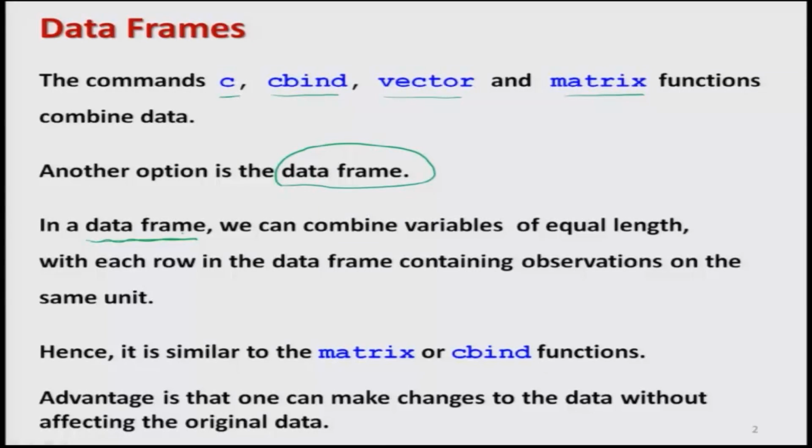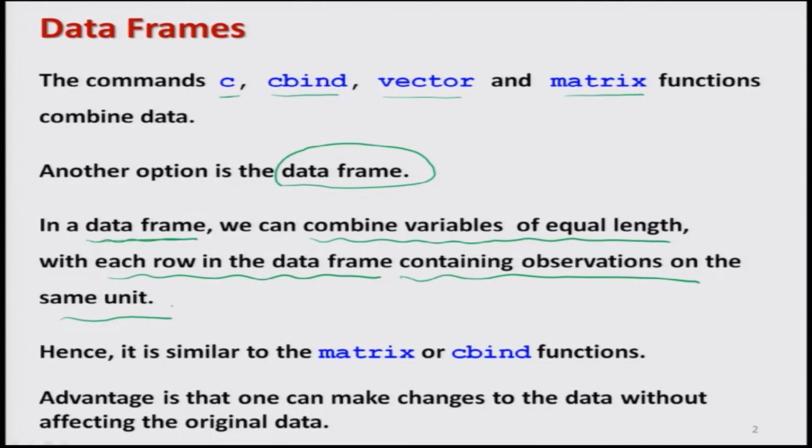And then I can arrange the data in rows, person number 1, then person number 2, then person number 3. Right. So whenever we consider a data frame, we can combine variables of equal length with each row in the data frame containing observations on the same unit.